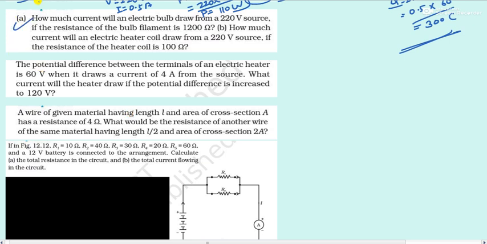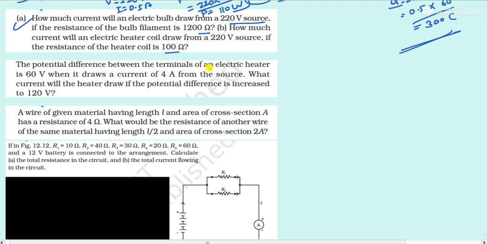Moving to the next question, which is important for 2 marks. Next, how much current will an electric bulb draw from a 220 volt source if the resistance of the bulb filament is this? Next, B, how much current will an electric heater coil draw from 220 volt if the resistance of the heater is this much?